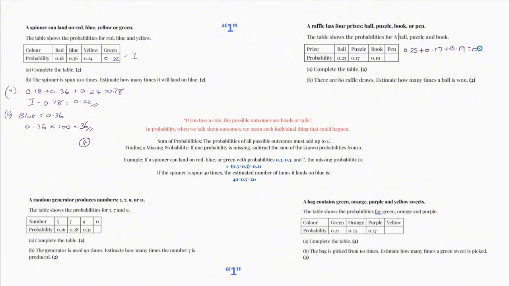That comes to 0.61. Now what we need to do is take that away from 1, which gives us 0.39. There you go, it's your 2 marks.